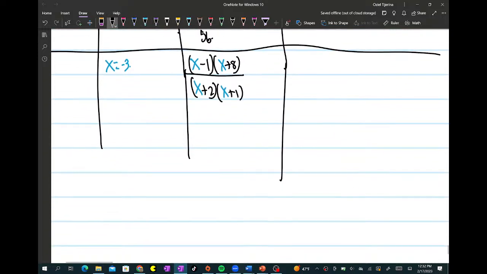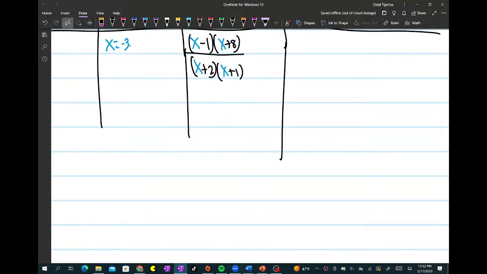Okay, so we're going to test that x value. So we have negative 3 minus 1 times negative 3 plus 8 over negative 3 plus 2 times negative 3 plus 1.